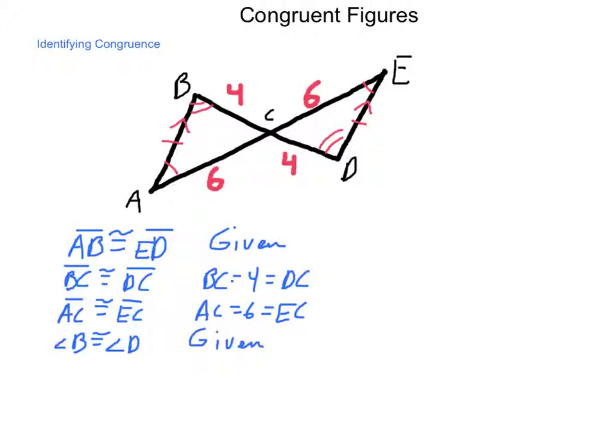We can also say that angle A is congruent to angle E, and that also was a given, or we could justify it by our alternate interior angles again.